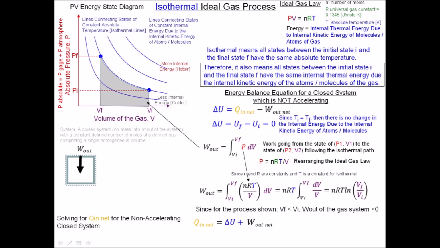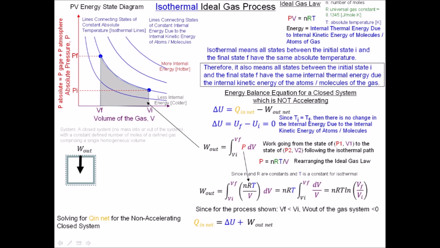Now, rearranging my energy balance equation for this closed system, or rearranging the conservation of energy law, I can solve for the energy in terms of heat into the system equals the change in internal energy of the system plus the work out net.